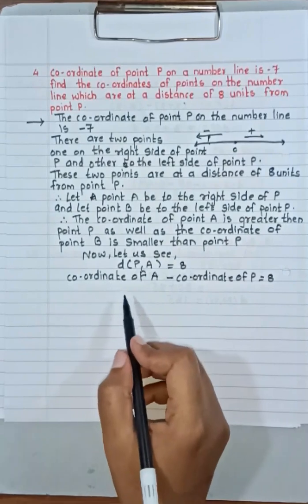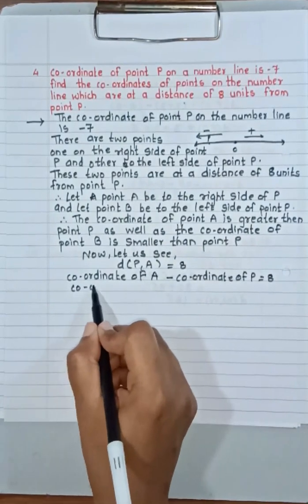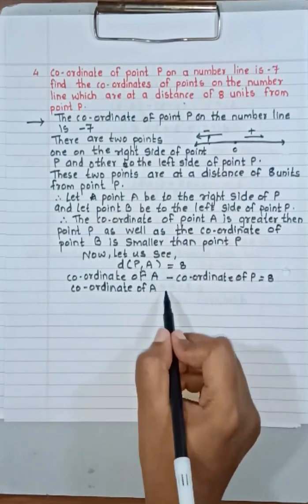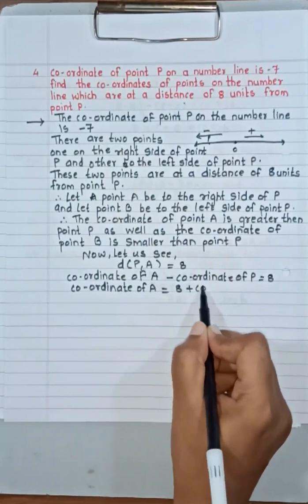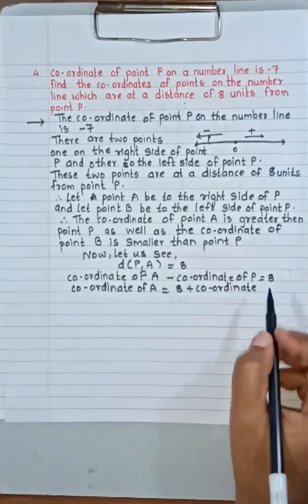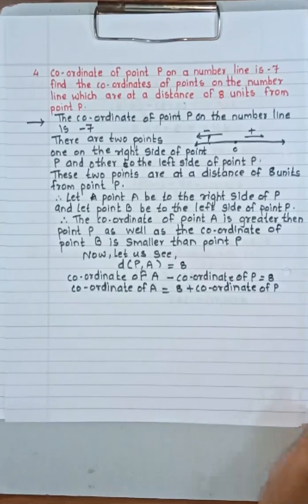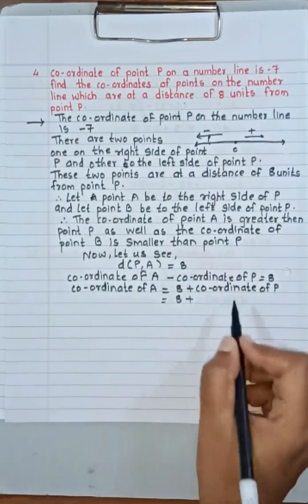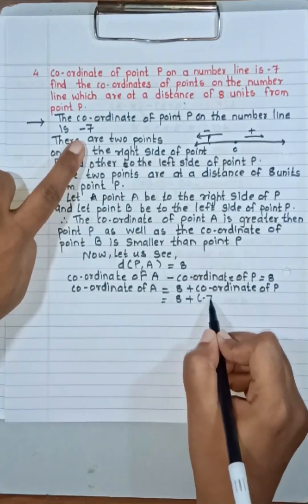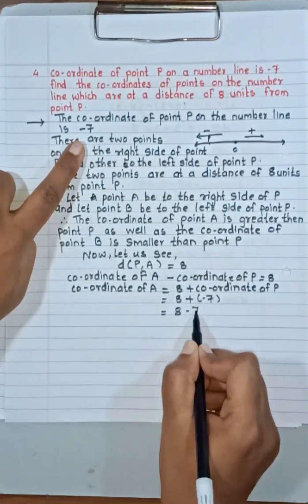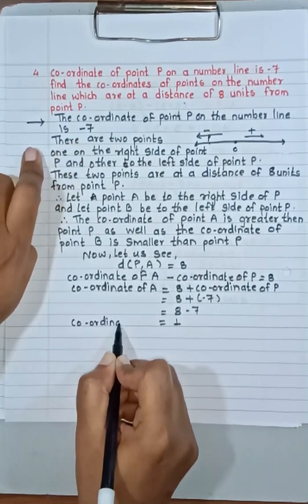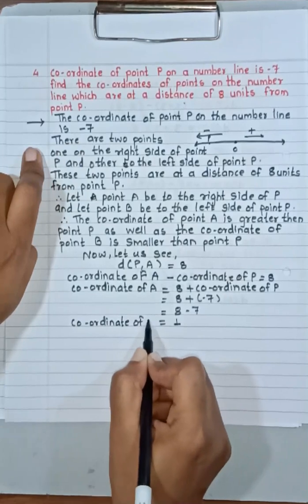Now you don't know what the coordinate of A is, therefore you will write it as it is. Coordinate of A is equal to 8 plus coordinate of P. Now you know 8, and what is the coordinate of P? That is minus 7. Therefore 8 minus 7 is equal to 1, that is the coordinate of A.